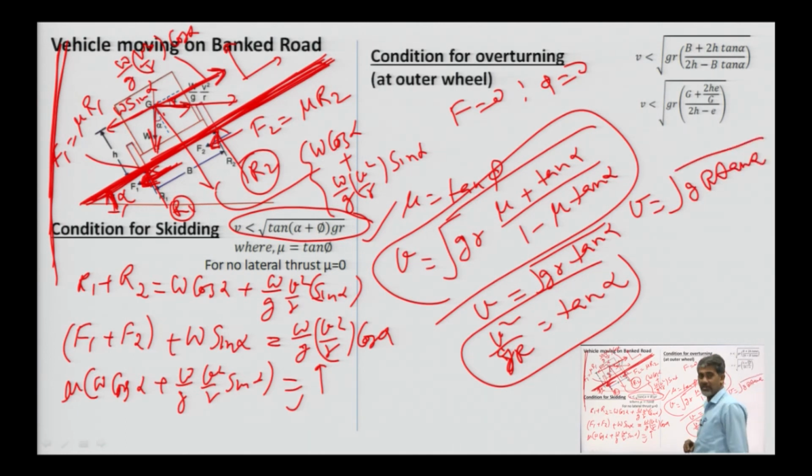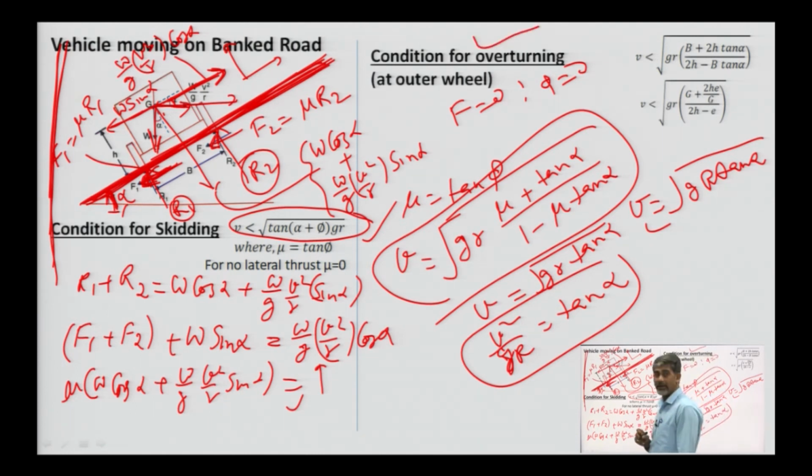It can have the circular motion even in case of smooth surfaces, with this much velocity. Now, the next thing is the condition for overturning.